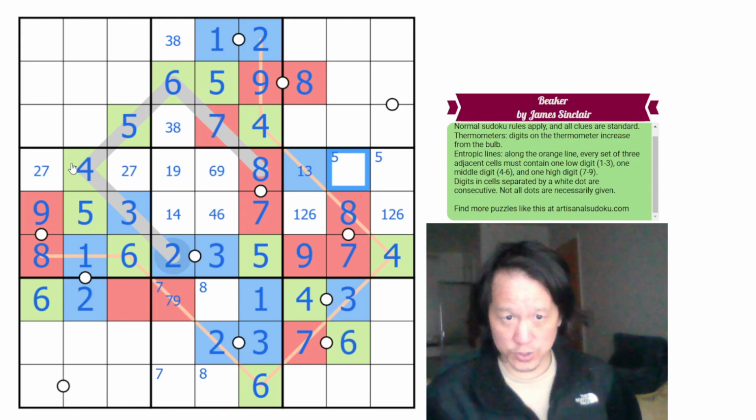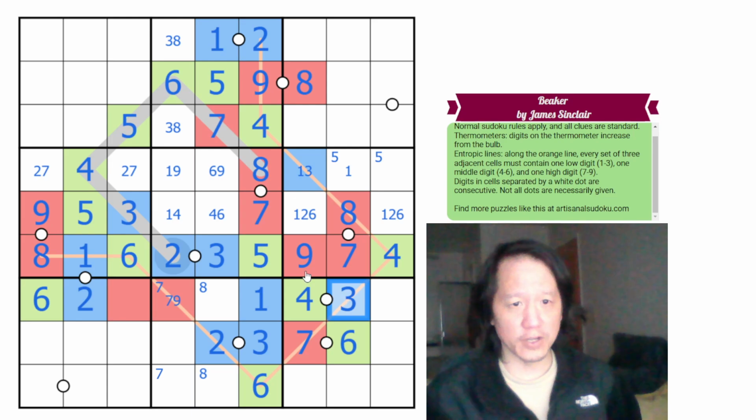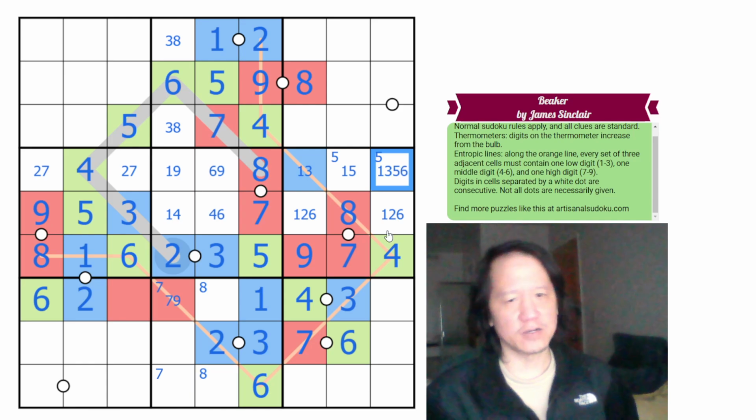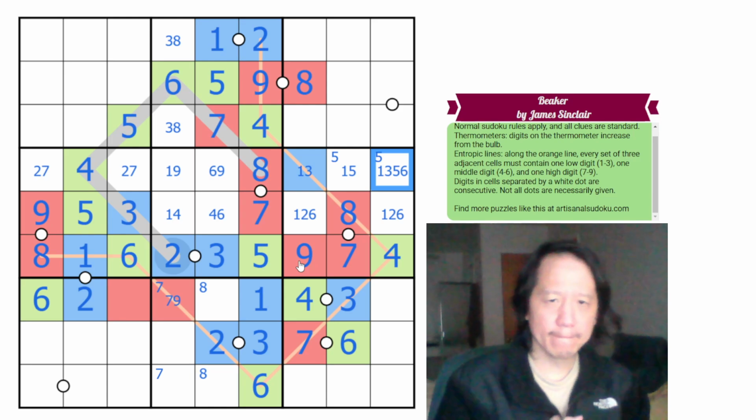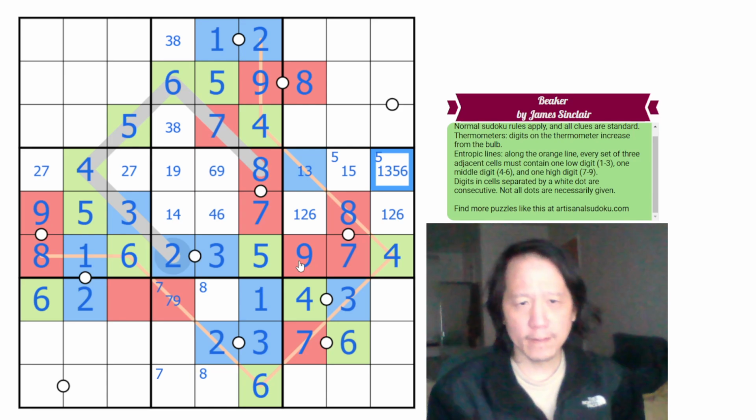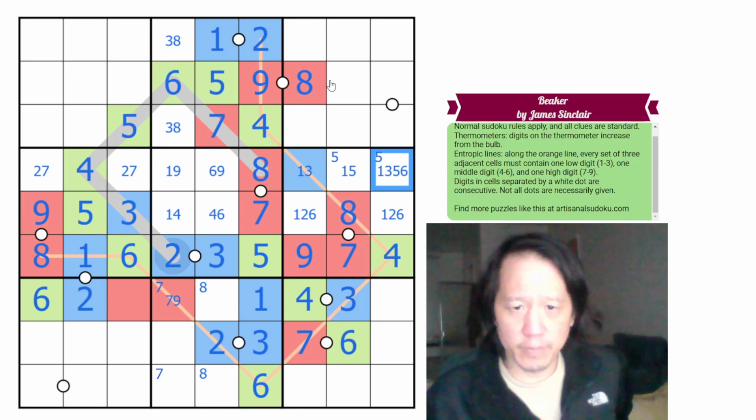It cannot be 2. It could be 1, no 2, no 3, no 4. It could be 5. Cannot be 6, 7, 8, or 9. So this is 1 or 5. This has to be 1, 3, 5. It cannot be 2, but it could be 6 here. So this could be 6. Hmm.